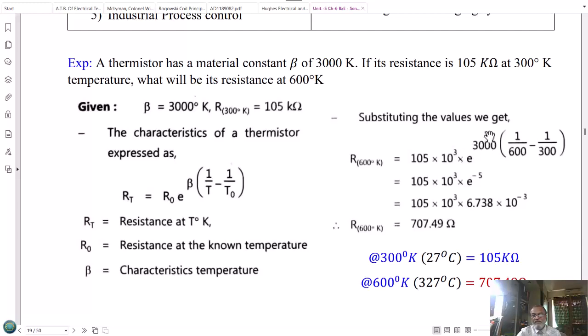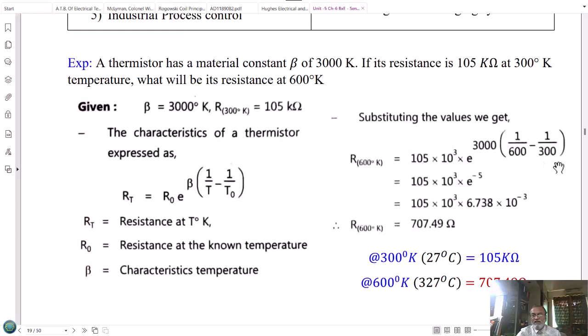Whereas beta given is 3000. Temperature at which the resistance is to be measured is 600, that is R600. So therefore T is 600, so 1 by 600 here minus the given temperature, the given resistance at 300 degree is T0, therefore 1 by 300 here.